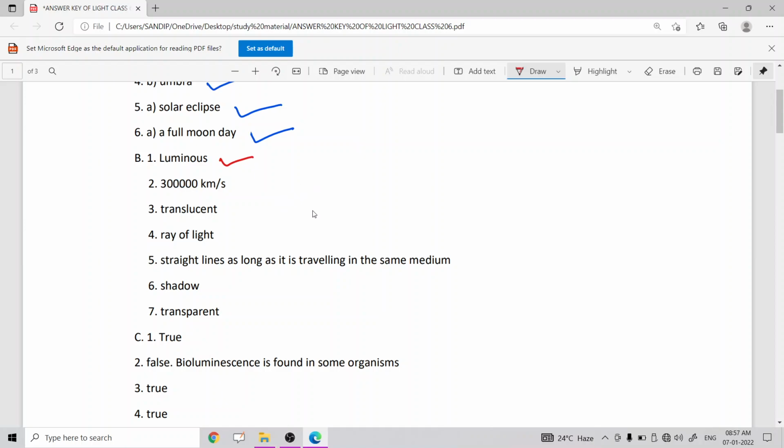Now question number 2, the speed of light is about dash in vacuum or air: generally 3 lakh kilometer per second, or we can say 3 into 10 to the power 8 meter per second. It is also correct. Now question number 3.